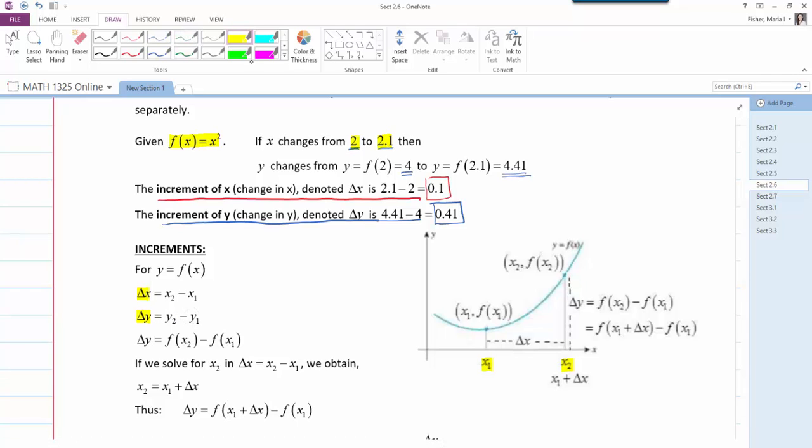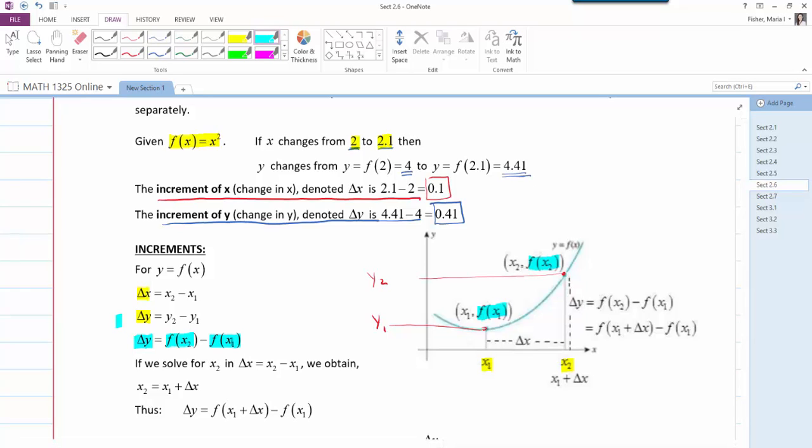But instead of calling this point y sub 1 and this point y sub 2, we can call them f of x sub 1 and f of x sub 2, the function's value at x sub 1 and at x sub 2. So delta y, or the change in y, can be f of x sub 2 minus f of x sub 1.